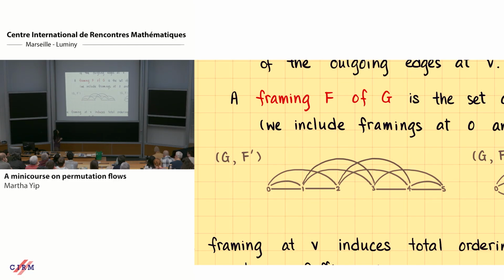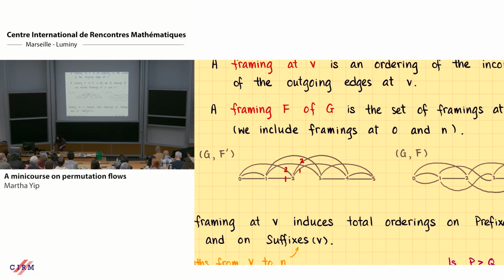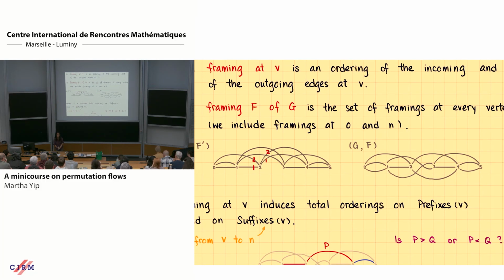For example, look at vertex 2. There are 2 edges incoming to vertex 2. I'm going to order them 1 and then 2. That's the framing order on the incoming edges. And then there are 2 edges leaving as well. Visually, I define the framing from the bottom to the top, so all the incoming and outgoing edges are ordered. And so that defines a different framing compared to that other drawing.